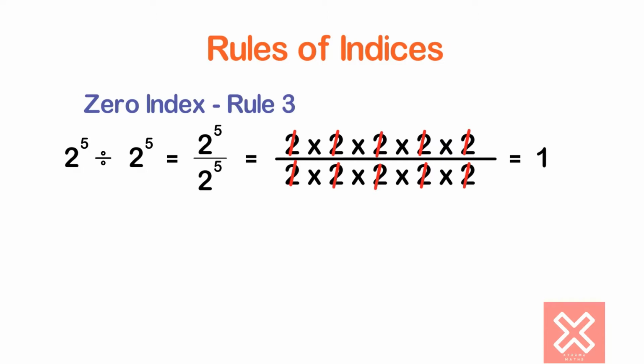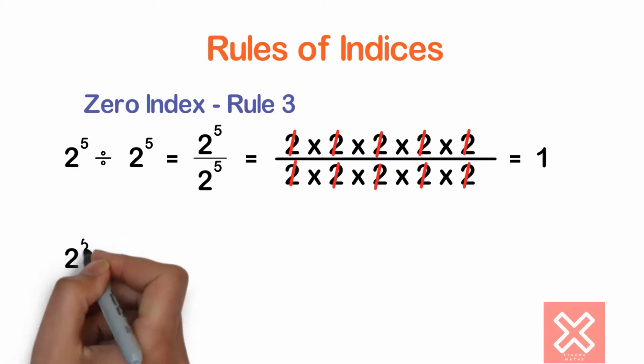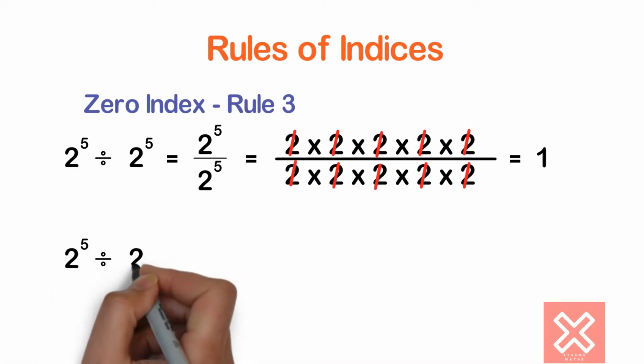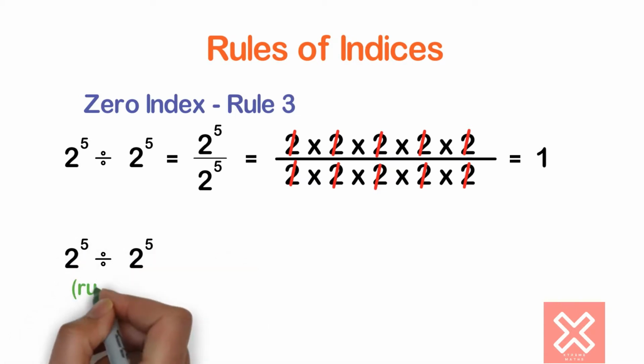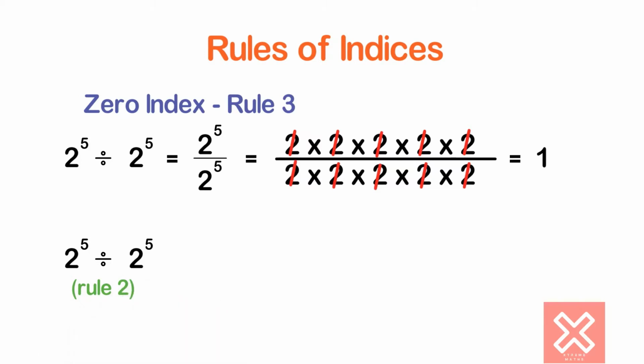Now you can apply indices rule 2 for this one. 2 to the power 5 divided by 2 to the power 5. What is indices rule 2? That is the division rule. When the bases are the same, you can subtract the indices.